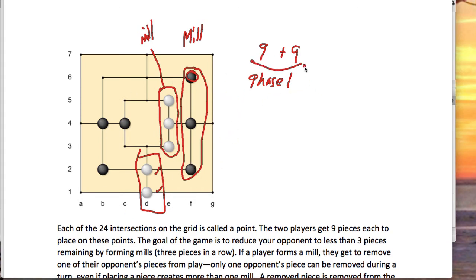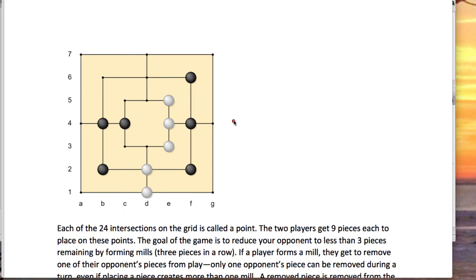We're placing these 18 pieces, going back and forth. If we get a mill, we get to remove one of the others. Oh, and in this game, when you remove a piece, it's gone forever. It doesn't show up again in the game. It's just thrown away. So that's phase 1.